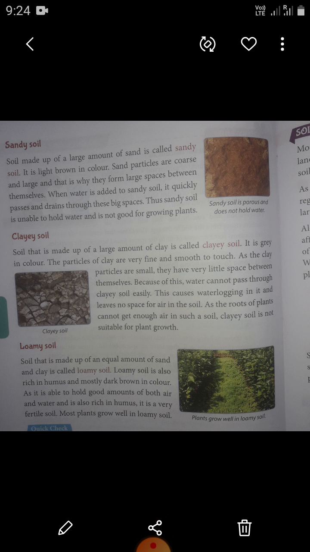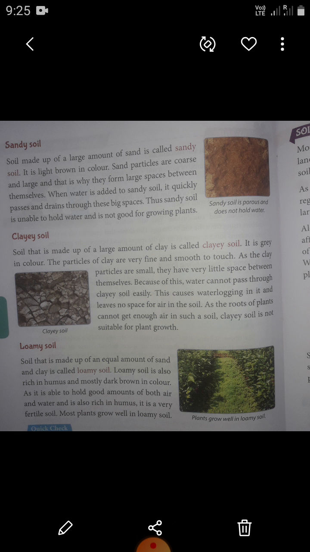As the roots of plants cannot get enough air in such a soil, clay soil is not suitable for plant growth. Clay is a type of fine-grained natural soil material that contains hydrous aluminum and develops plasticity when wet.